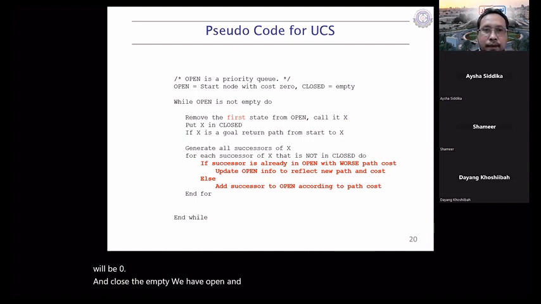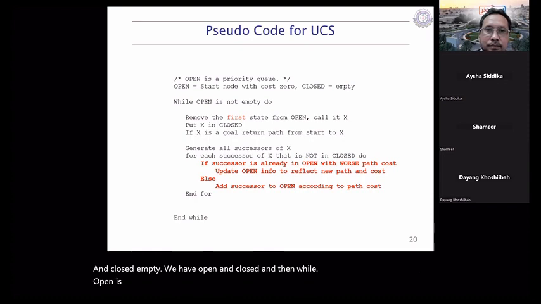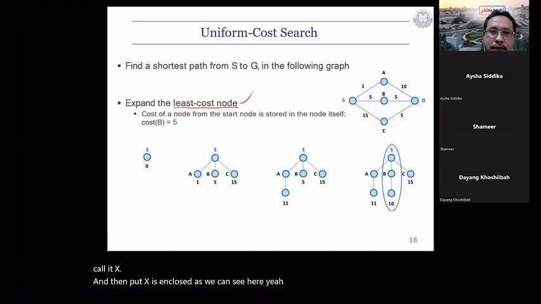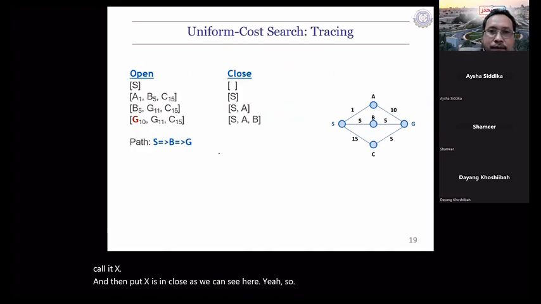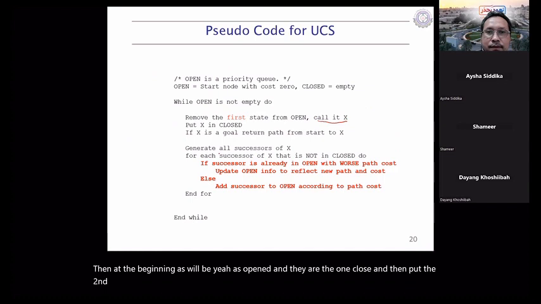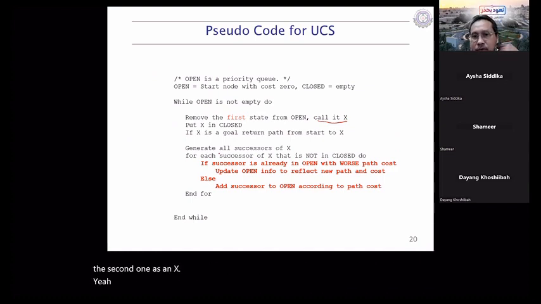And then while open is not empty, do: remove the first state from open, and we call it X. And then put X in closed, as we can see here. So at the beginning S will be open, then the other one closed, and then put the second one as X and put X in closed. Then we have to find the next step.